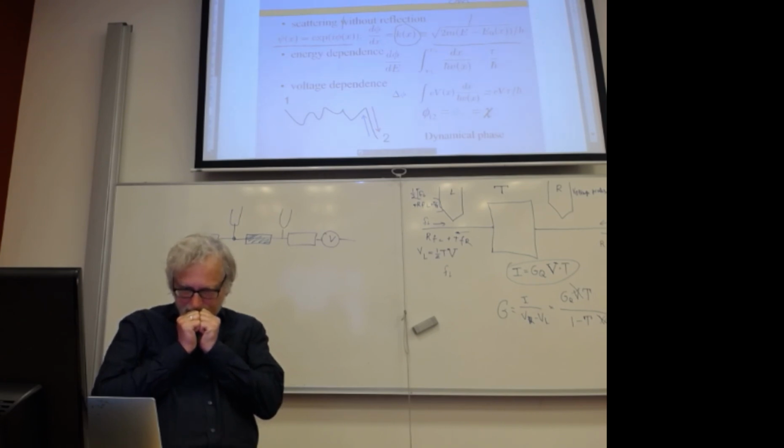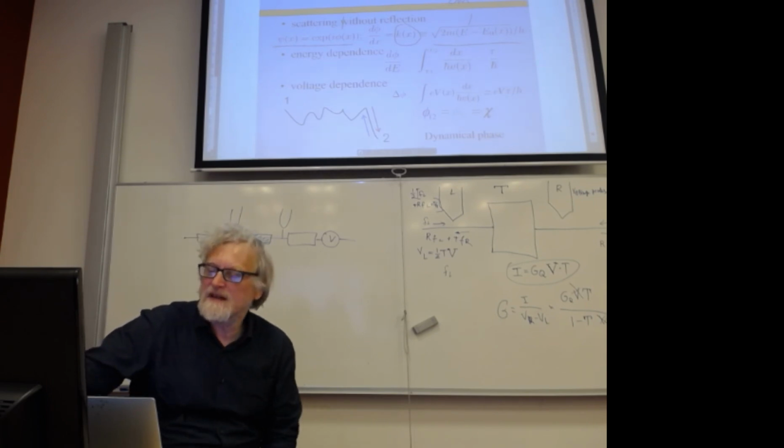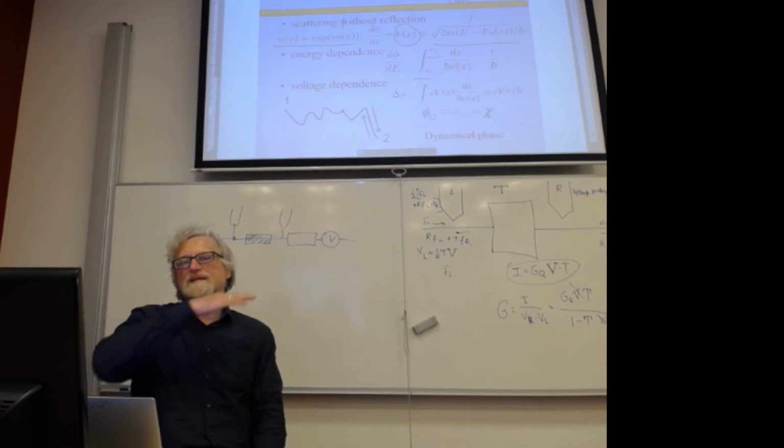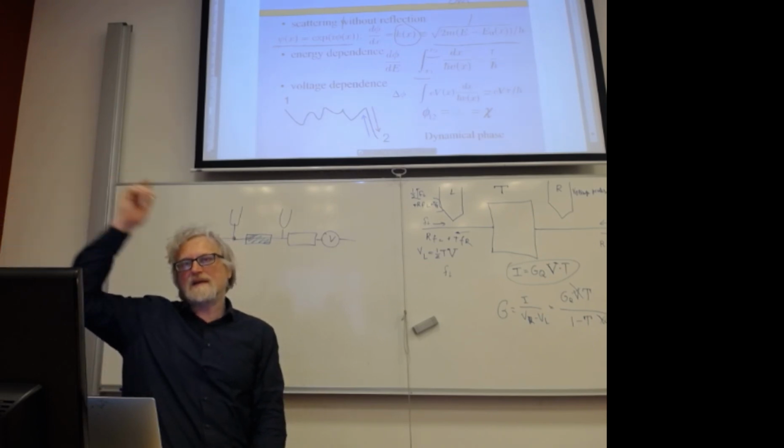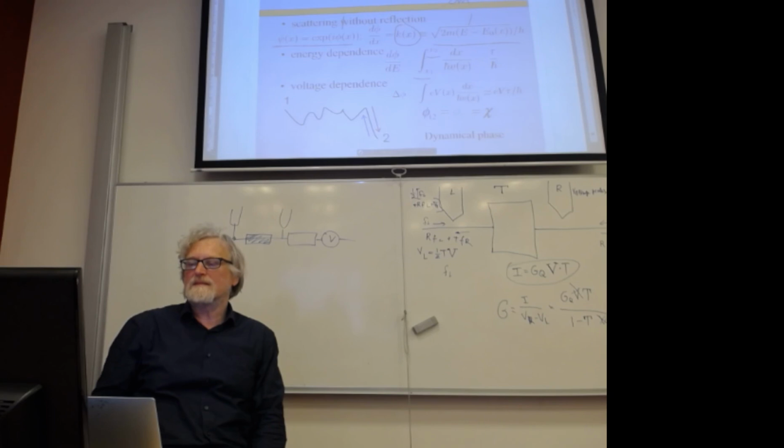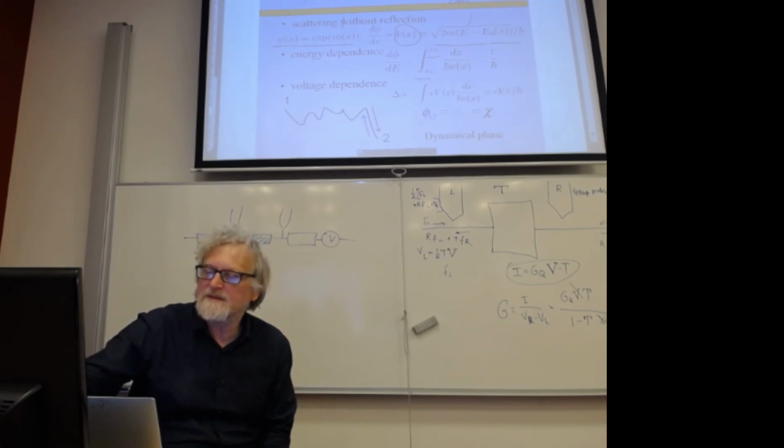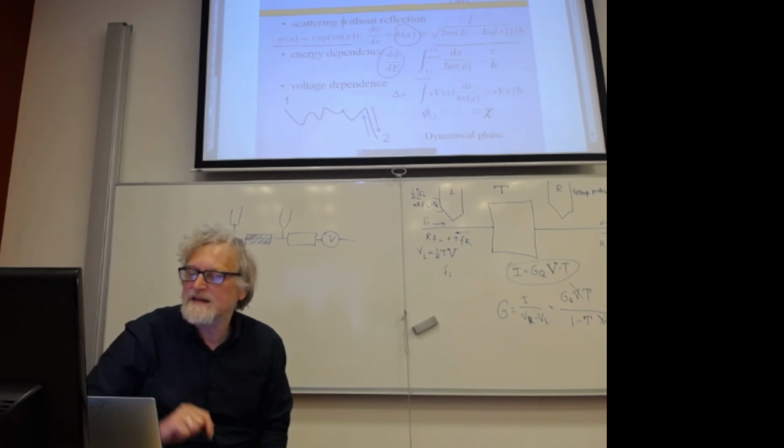Let's do the following. Let us compute the energy dependence of this phase shift. So we assume that the electron goes from x1 to x2. This phase shift is accumulated between x1 and x2. So I just take this formula and differentiate it with respect to energy.